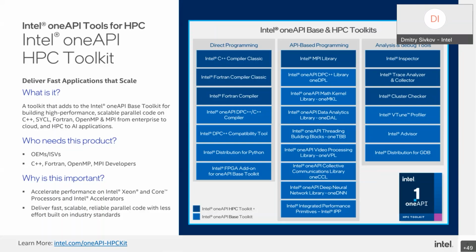And of course, you can download the oneAPI HPC kit by the link, so you can see it here. And the slides are already available, so probably every one of you has access to the PDF, and you can download it by the link.